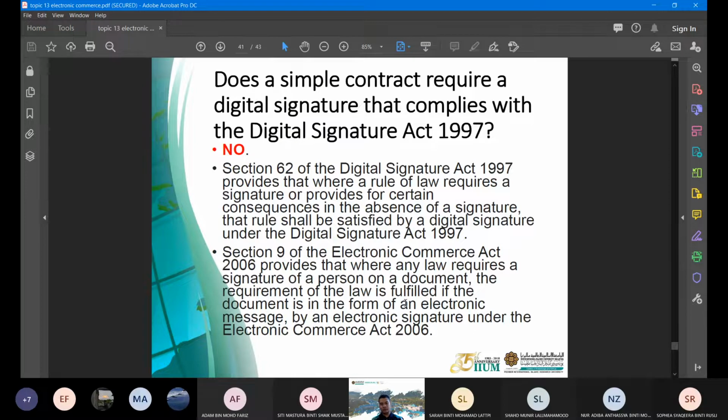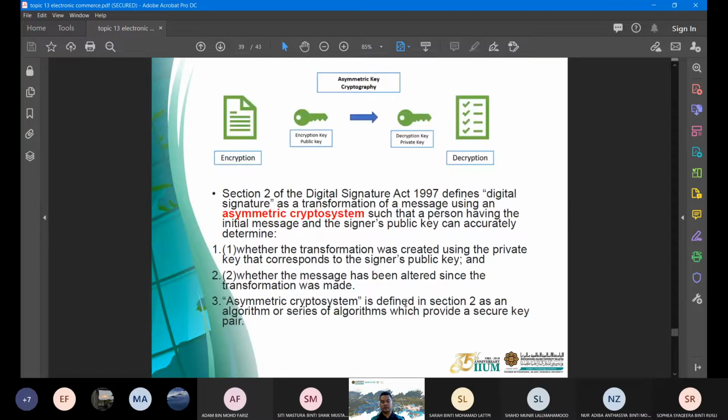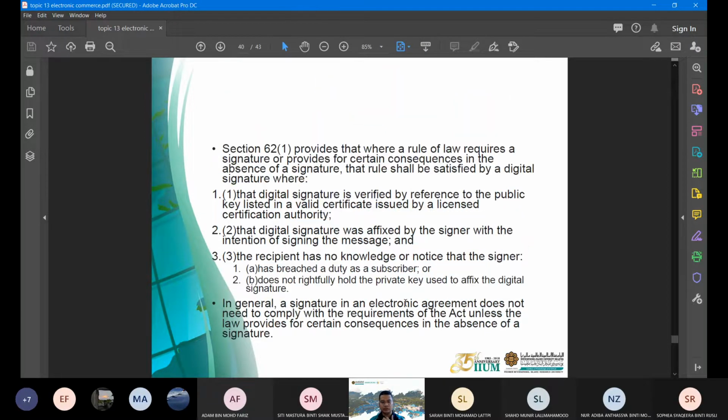Does a simple contract require digital signature that complies with Digital Signature Act? No, no. Simple contract does not require a digital signature that comply with Digital Signature Act. So sebenarnya digital signature yang comply with Digital Signature Act ni, meaning it has to be cryptography encryption system like this lah. They have to use this kind of complicated security system in order to approve a document, in order to open up a document.